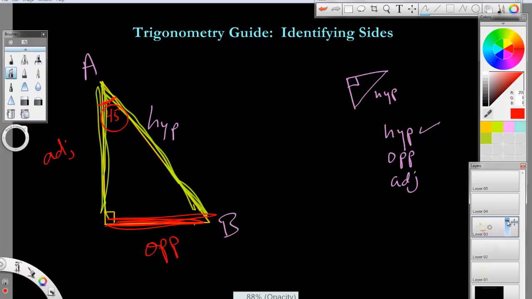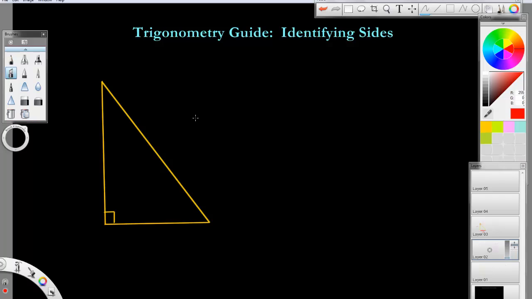All right, now let me get rid of all of this. Now we'll just go back to this. I'm going to put a question up here. I want you to pause it and try to figure this out. Let's say that I told you that this right here was 40 degrees. We'll call that angle A for this one.